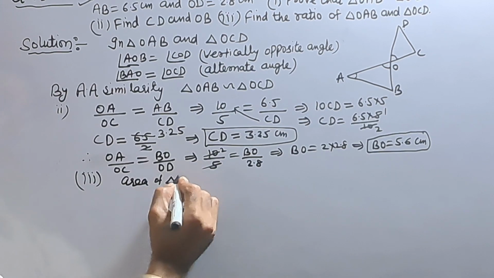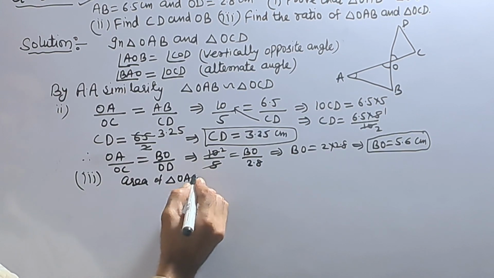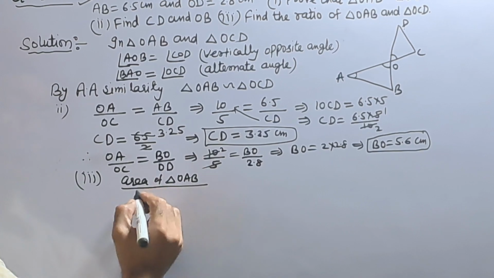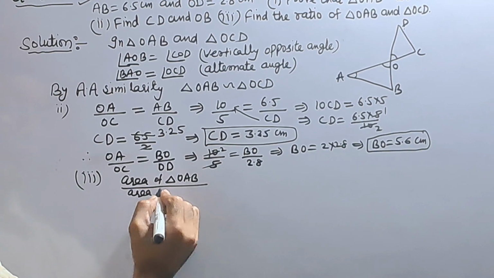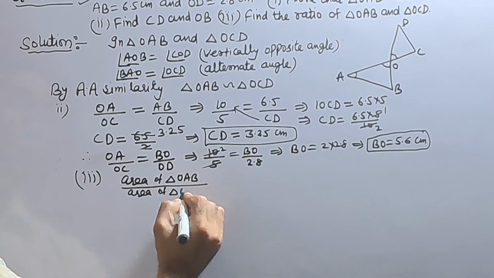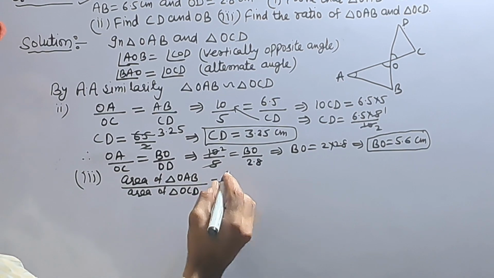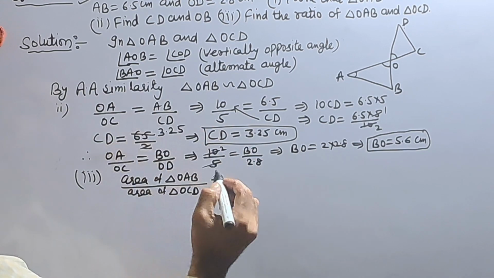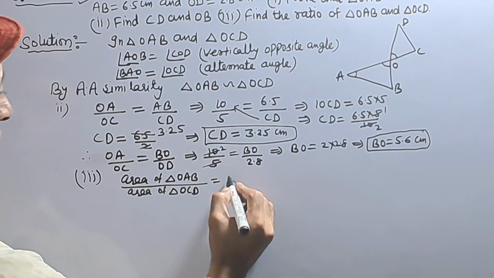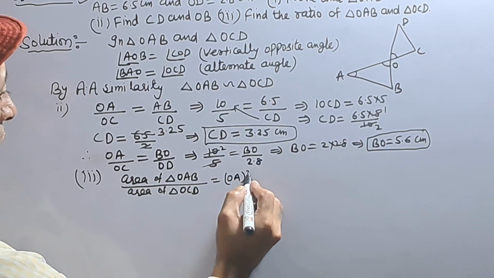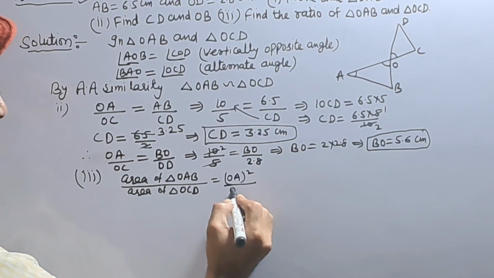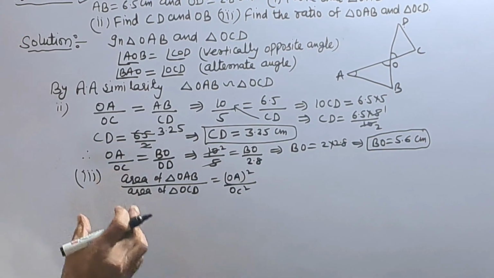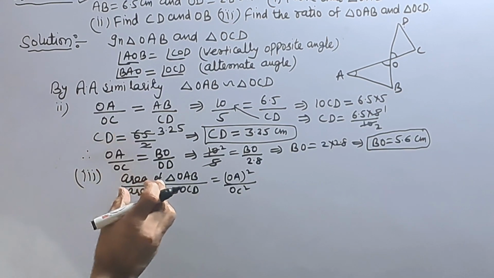Area of triangle OAB upon area of triangle OCD is equal to OA square upon OC square.